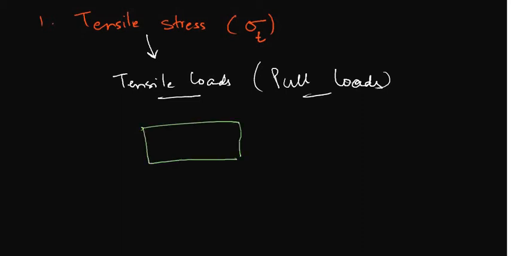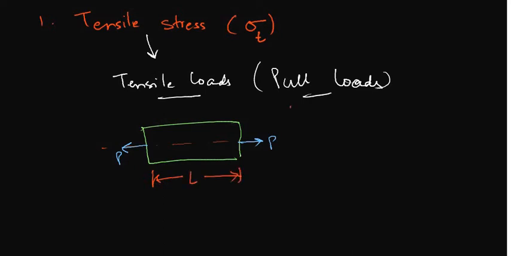More importantly, draw the axis. And let's now represent a load onto this, P. So this is a tensile load. It is trying to pull apart a member, or we can say that it is trying to increase the length of this member.